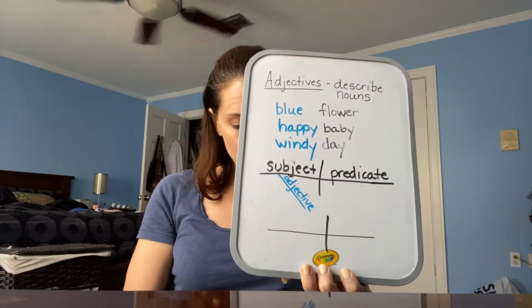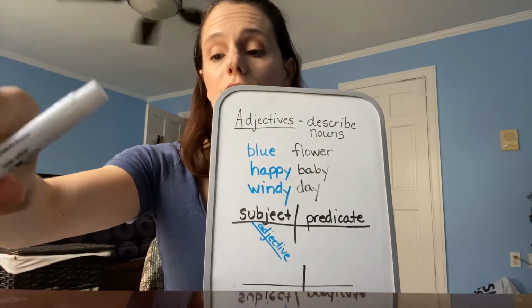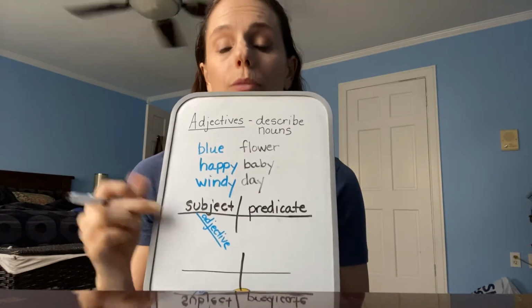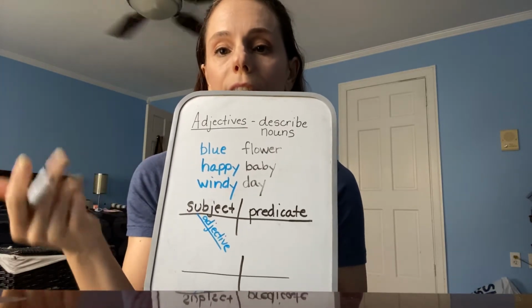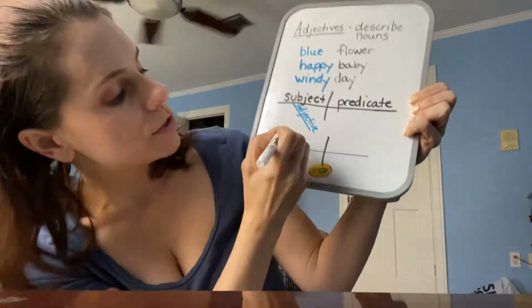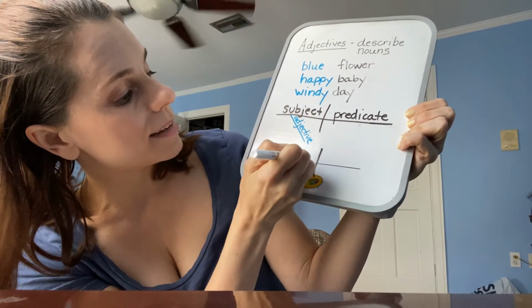So they gave us the example, colorful flags flew, okay? So you've got the word colorful, you've got the word flags, and you've got the word flew. So what is your subject? Remember, your subject is a noun. Colorful flags flew. There's only one noun in that sentence, and that's flags. So flags is going to go right here.